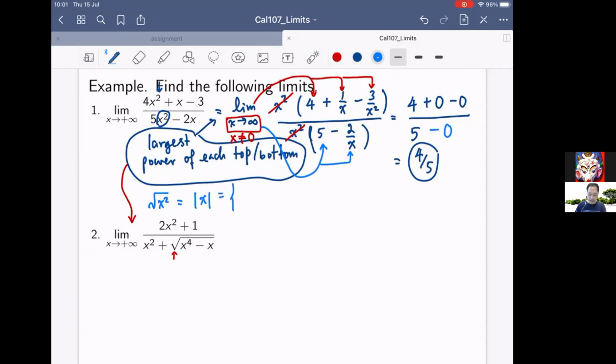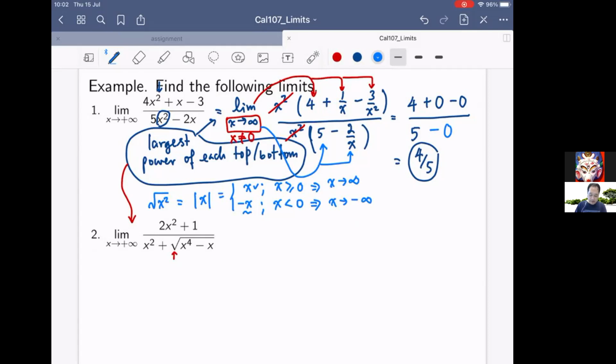And again, the absolute value of x can take two kinds of value. It can be x if your x is greater than or equal to 0, and negative x if your x is less than 0. So this means that if your x goes to infinity, you would choose this formula. If your x goes to negative infinity, you may need to choose another formula. That's the idea.